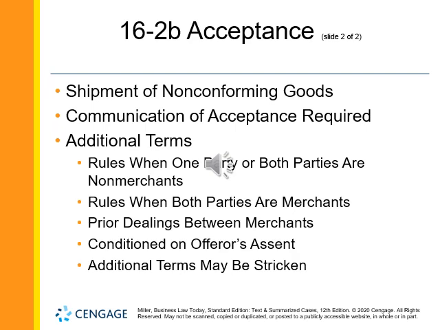Communication of acceptance is required, meaning that the offeror must be notified within a reasonable time that the offeree has accepted the contract by beginning performance. Otherwise, the offeror can treat the offer as having lapsed before its acceptance.